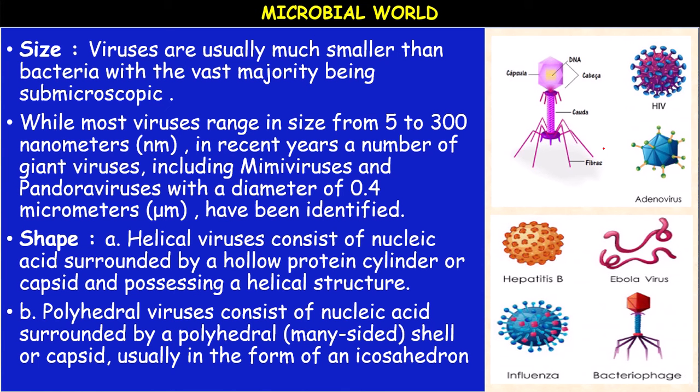Okay. So, this is the human immunodeficiency virus, HIV, which causes the disease AIDS; adenovirus, which causes the cold; hepatitis B virus, which causes hepatitis; Ebola virus, which causes Ebola disease; and influenza virus, which causes influenza.